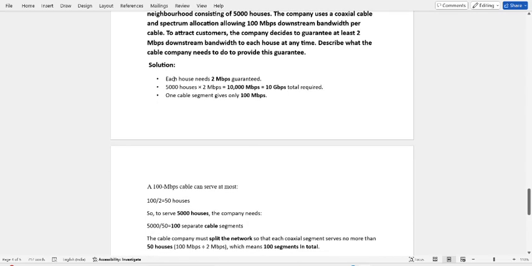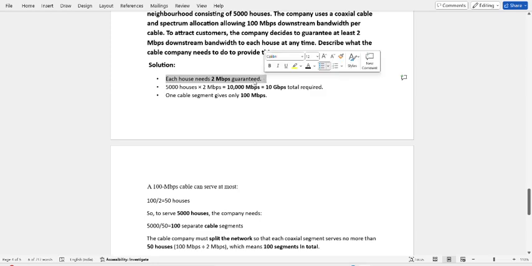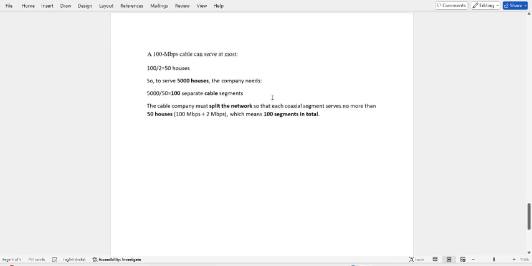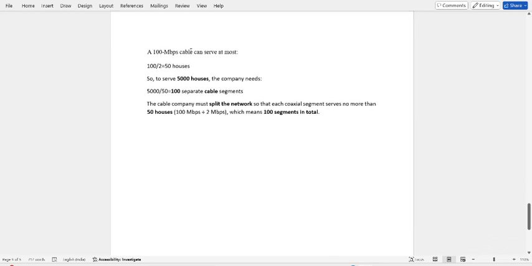Each house needs 2 megabits per second guaranteed. Then 5,000 houses times 2 megabits gives 10,000 megabits. One cable segment gives only 100 megabits per second. So 100 megabits can serve at most 100 by 2, which is 50 houses.